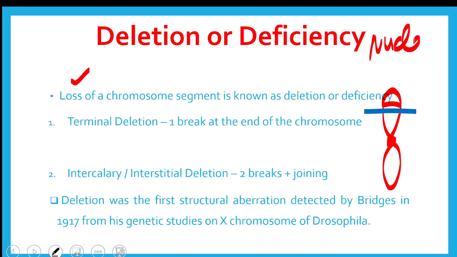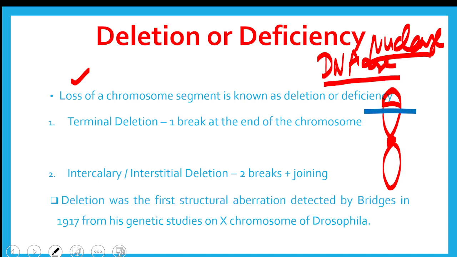Nucleases are the enzymes which break down DNA and RNA. So DNA is always broken down by DNase. The protection for a chromosome from nucleases, as far as I know, lies in the centromere.